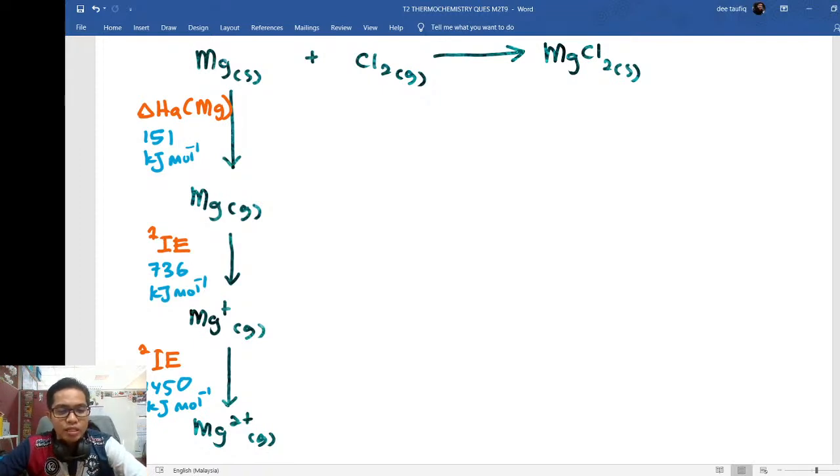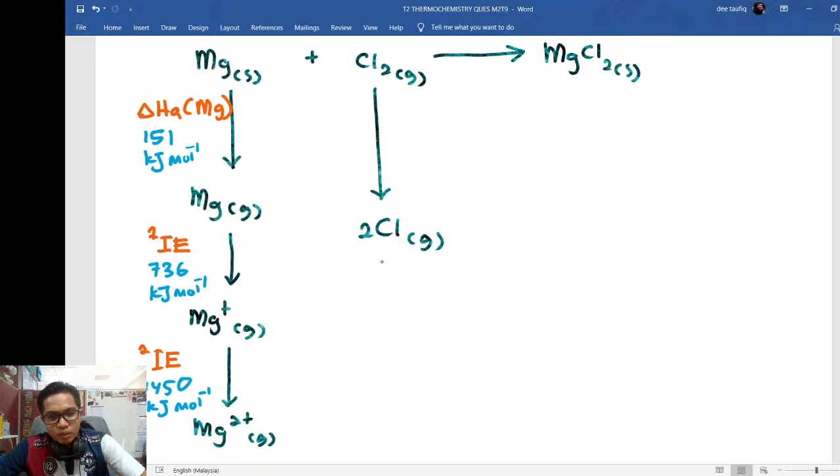Settle untuk magnesium. Now let's proceed with chlorine. So we are using 2 chlorine because we need MgCl2, 2 Cl kat situ. So from Cl2 molecule, it will produce 2 Cl gas atom. So one molecule will produce 2 Cl atom.